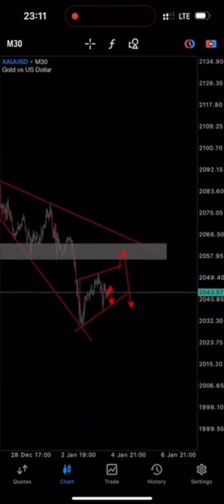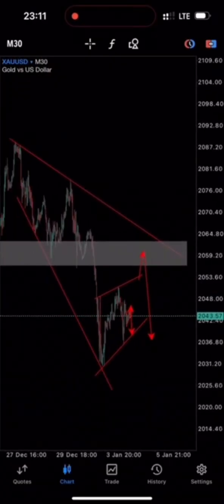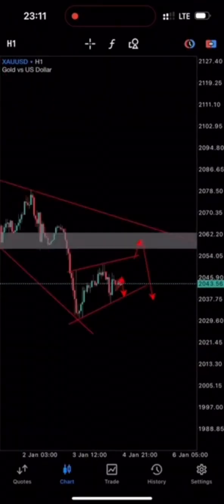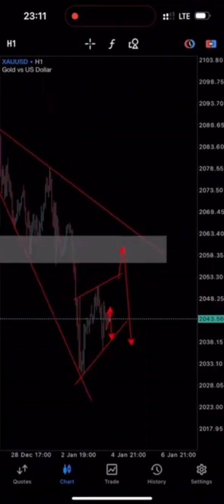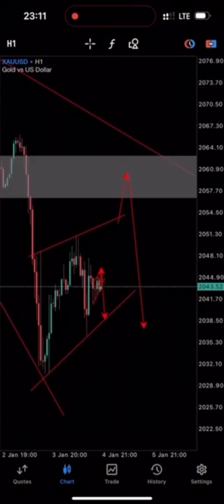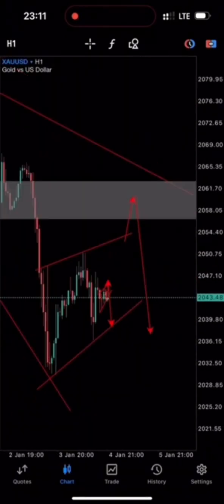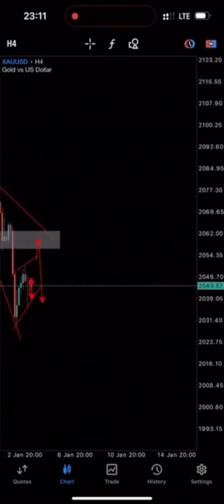At this moment you know it's going to go up in the small trend line, then goes down in the small trend line again, and then the big trend line is going to go up, and when it touches that area of resistance it drops. When it drops, take notice in the 1 hour, this is a falling wedge, right? And the falling wedge always goes bullish. So after it drops again, it needs to go up. When it breaks that falling wedge, it goes up, right?